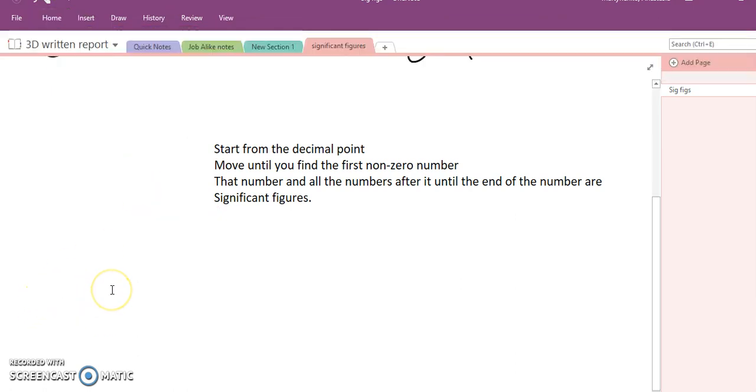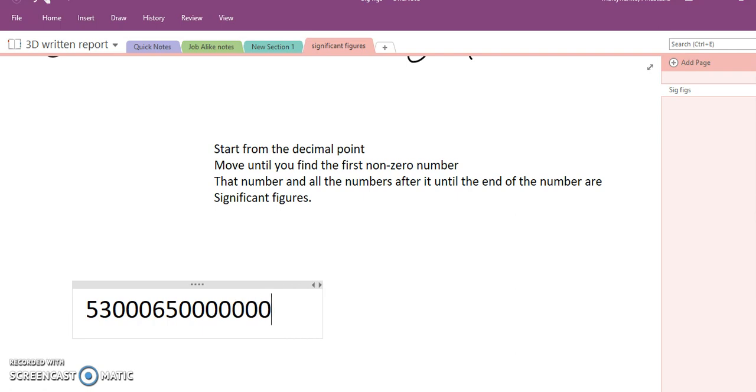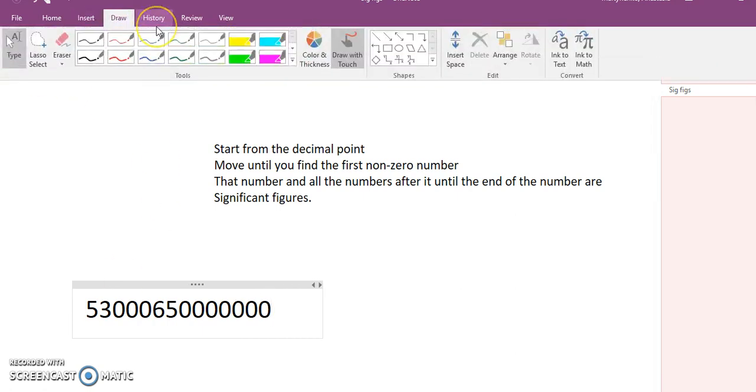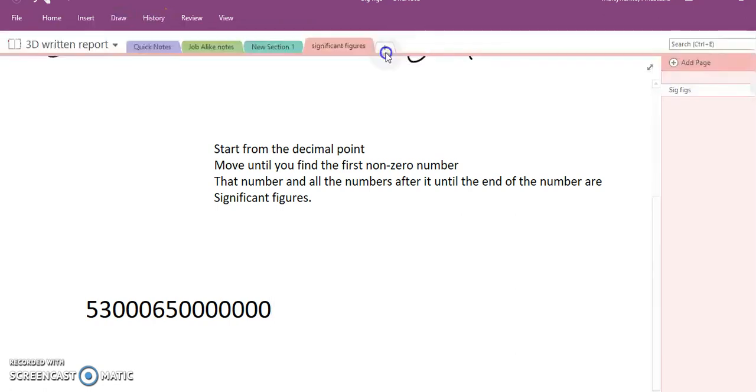Here is a number, 530006500000. Okay. So let's find some significant figures. First, I need to find the first non-zero number.